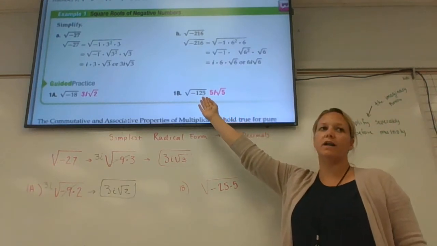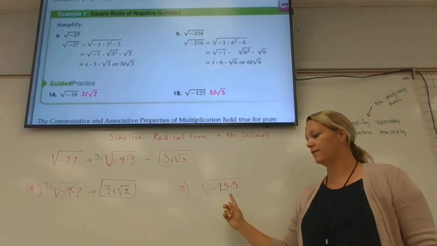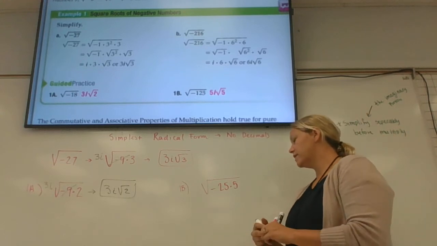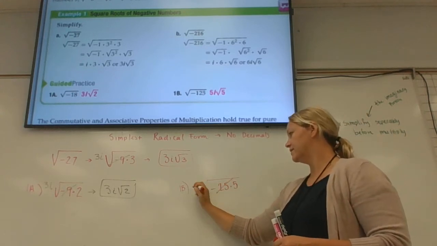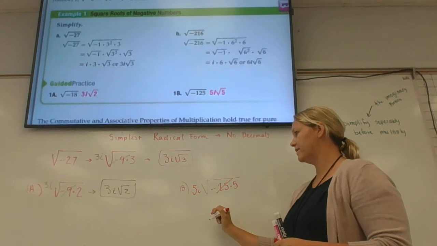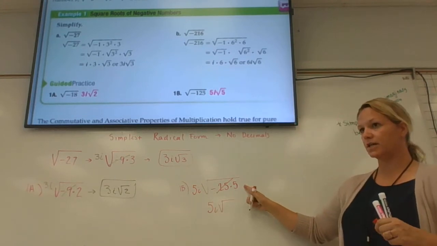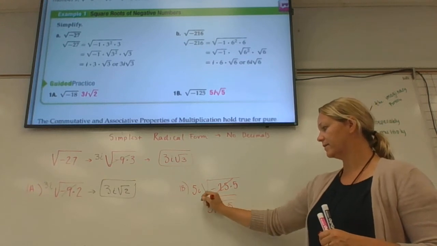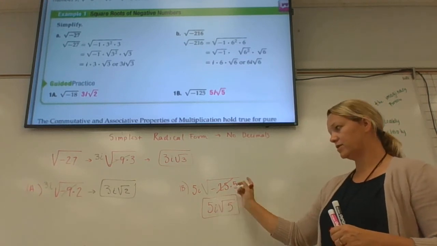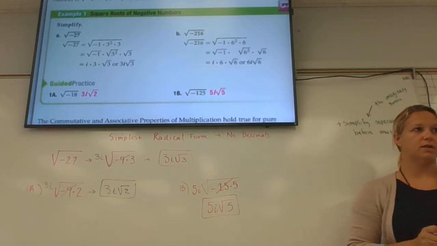So I'm just rewriting it using a perfect square factor. And the square root of 25 is 5. Since it's negative, I write i with it. And there's still this number that I did not cross out stuck under the radical bar. And that's all the work that I need to see, just like that.